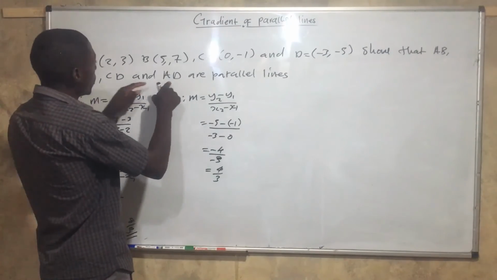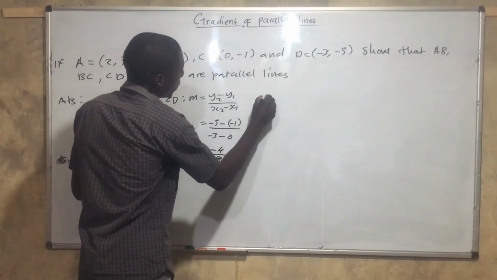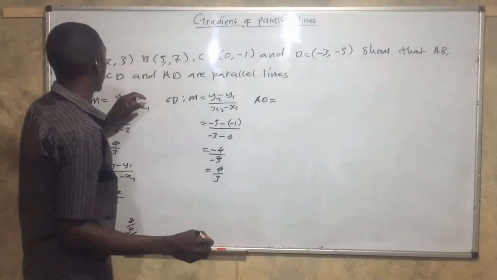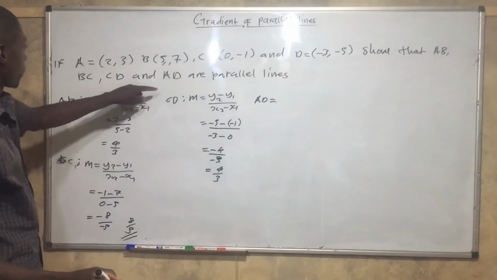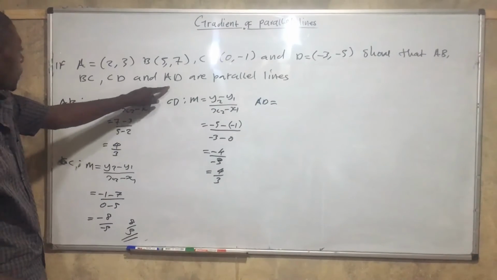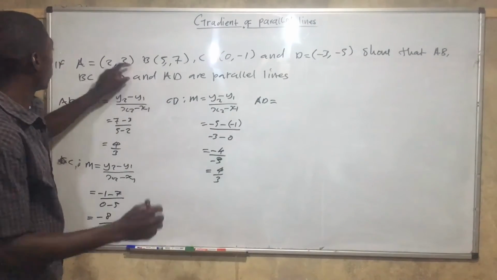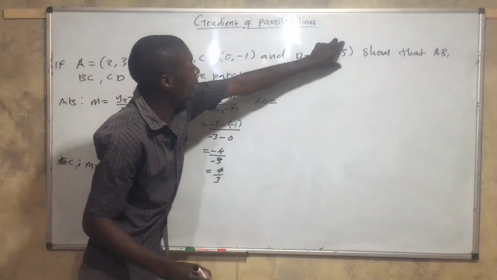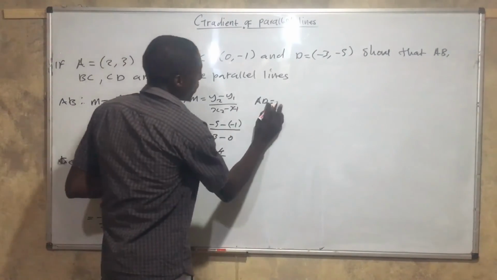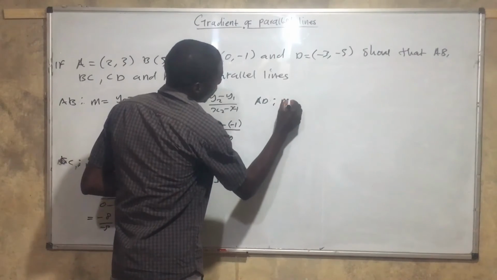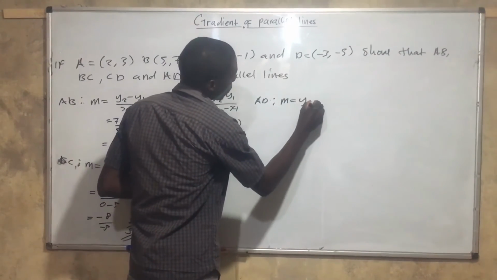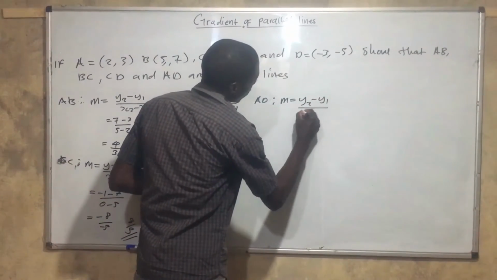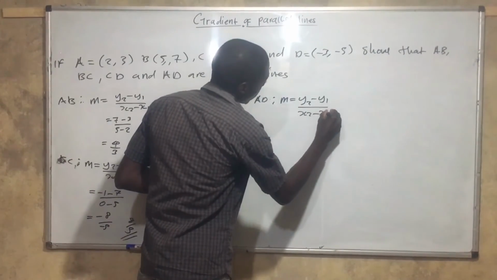So we'll go now to AD. We'll get the points for line AD, point A and point D. The gradient will be equal to y2 minus y1 over x2 minus x1.